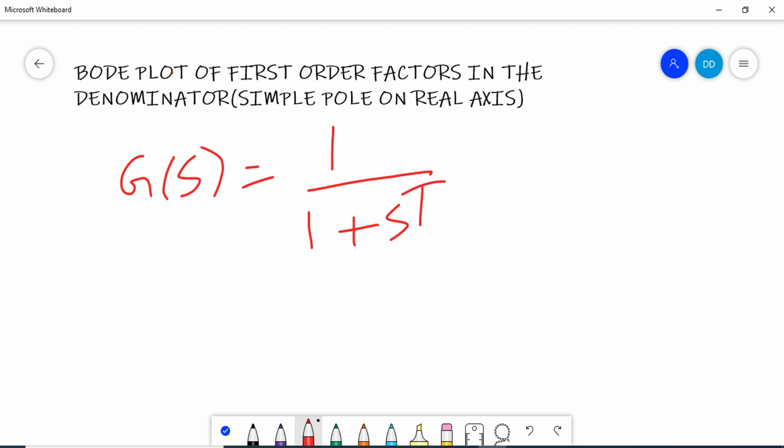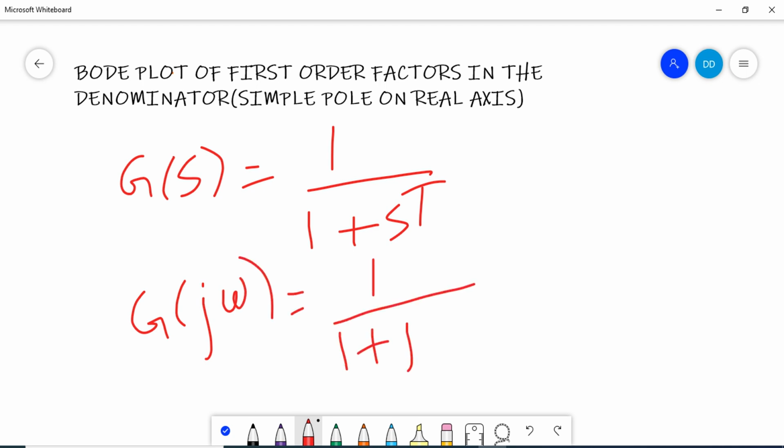So the sinusoidal transfer function, we obtain it by replacing s by j omega. So this becomes G of j omega is equal to 1 by 1 plus j omega T. Now we need the magnitude as well as the phase angle. So what will be its magnitude? Magnitude A is equal to 20 log of magnitude of G of j omega.